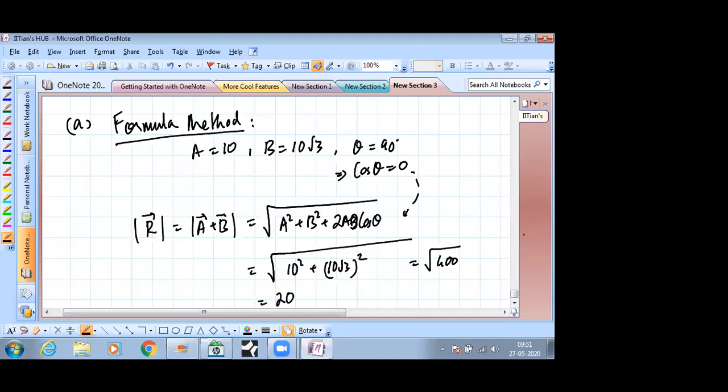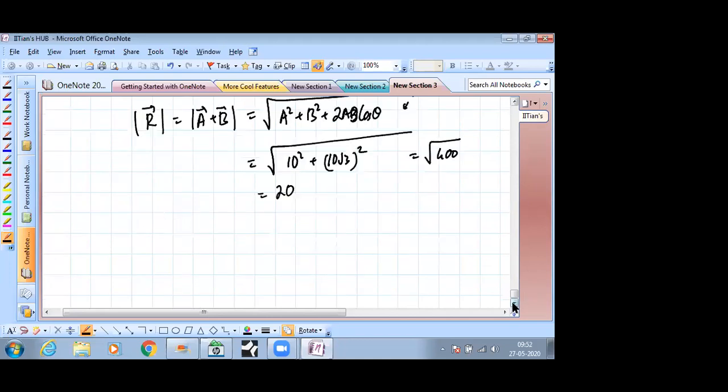It becomes very obvious that the magnitude of the resultant, this, okay, and then use the formula tan alpha equals b sin theta upon a plus b cos theta.